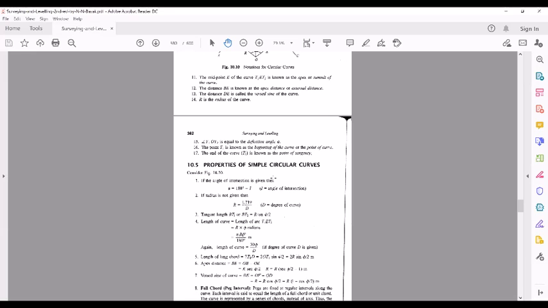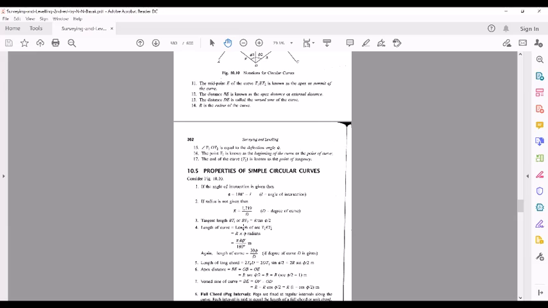Usually when you design a curve, you are given either radius or degree, and either angle of deflection or angle of intersection. By using these two, you can design the entire curve.